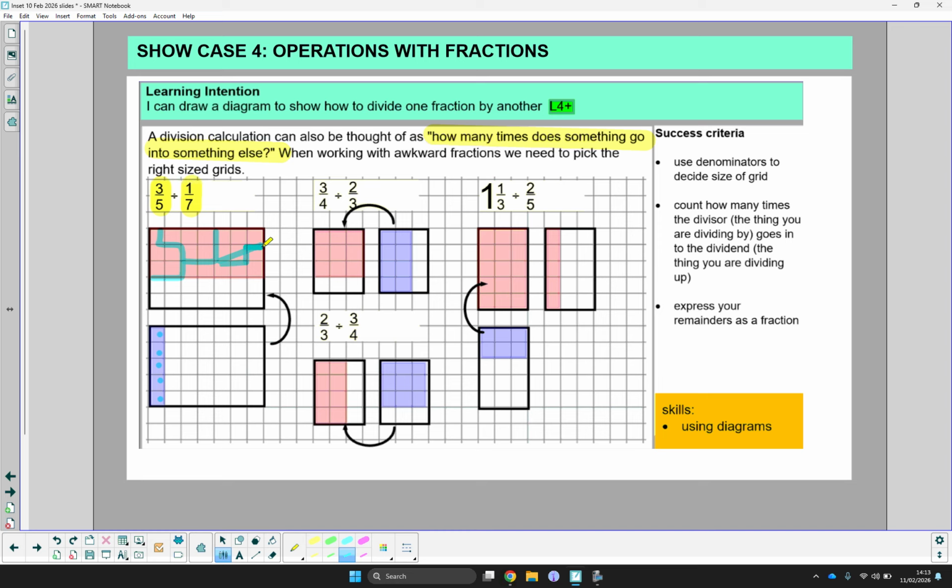There's my other group of 5, so 1, 2, 3, 4 groups of 5. So again, apologies, I'm using the mouse here. So 1/7 goes in 4 times, and I've only got space for 1 out of the 5. So I've got 4 and a 5th.